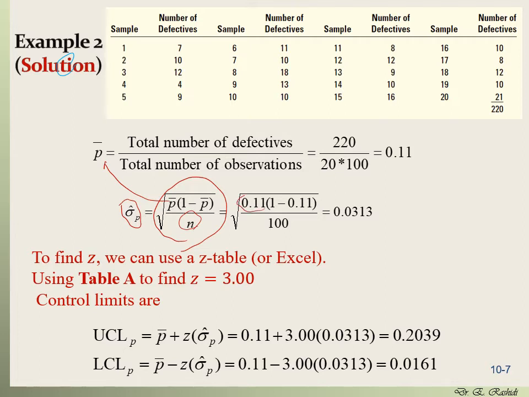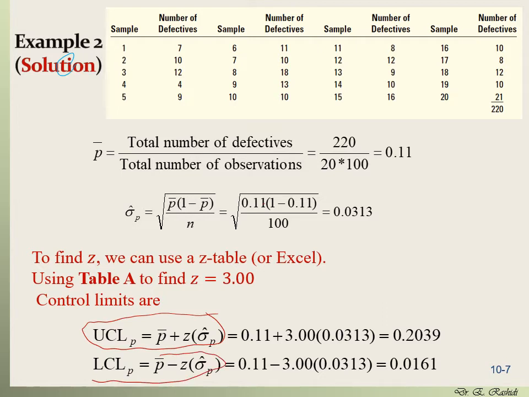So that's 0.11 multiplied by 1 minus 0.11 divided by 100, which is 0.0313. So that's sigma hat for proportion. Now, if you plug in all this information in these two formulas, you're going to get the upper limit and lower limit for the control chart, the P control chart.